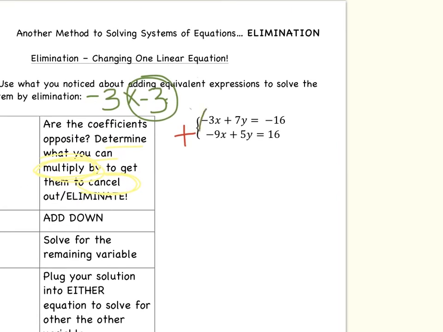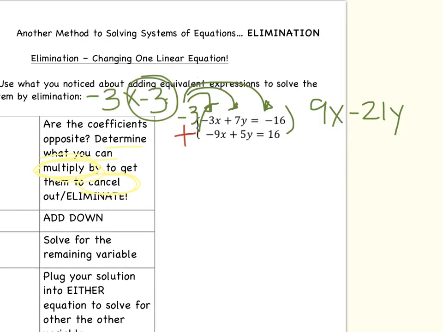I'm going to put parentheses around that entire thing, and I'm going to put a negative 3 in front. This negative 3 is distributed, or multiplied, by each part. So negative 3 times negative 3x gives me a positive 9x. Negative 3 times positive 7y gives me negative 21y.